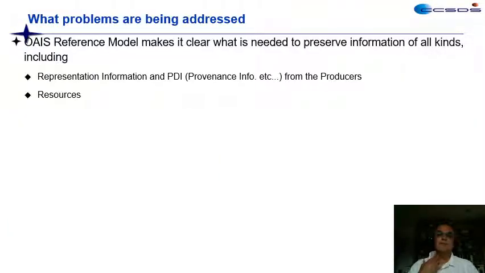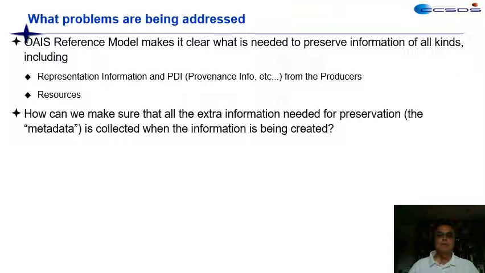In this presentation, we'll describe our new standards, which we believe are needed to help collecting representation information, provenance, etc., while the information of interest is being created, rather than leaving things to the end when much of this will have been forgotten.